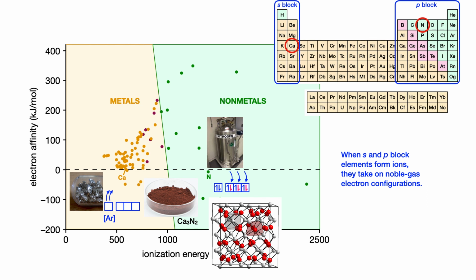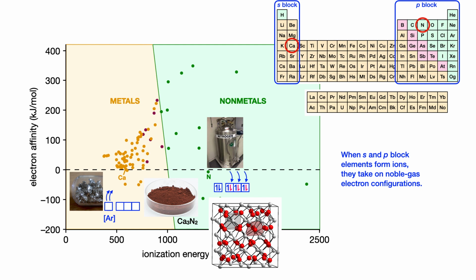Once you have a noble gas electron configuration, your electrons are going to be held pretty tightly, and you're not going to want to lose them. And so by forming noble gas electron configurations, metals and nonmetals are able to form stable arrangements of their electrons.